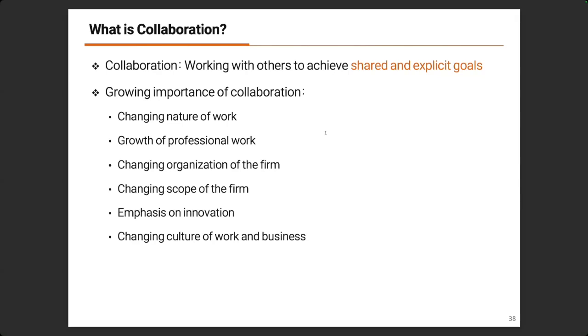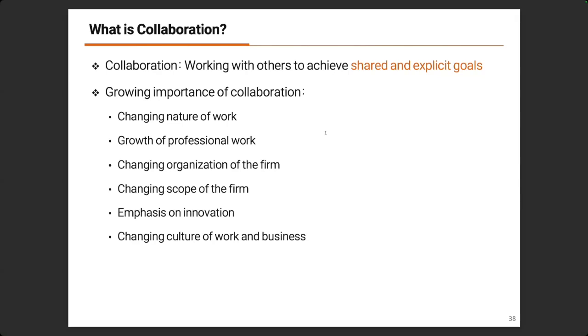Bill Gates worked with Paul Allen, another founder of Microsoft, and Steve Jobs worked with Steve Wozniak, who is co-founder of Apple. So this emphasis on innovation can make collaboration more important.